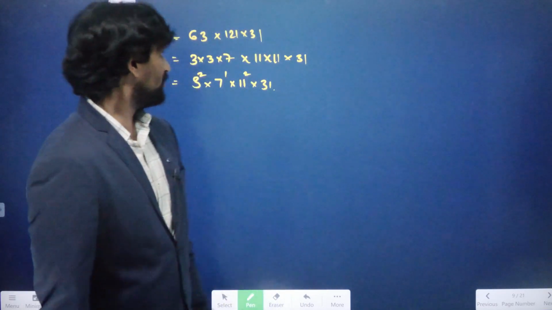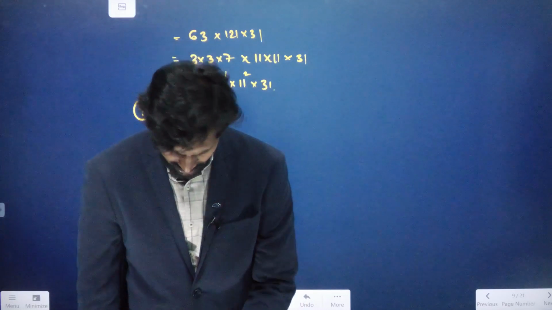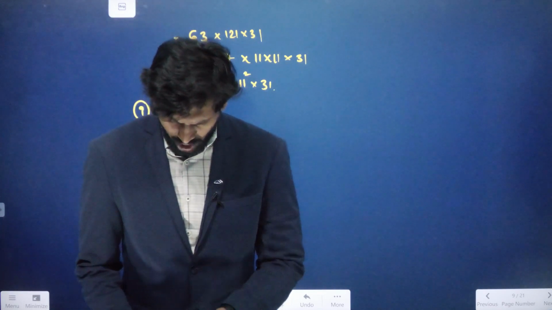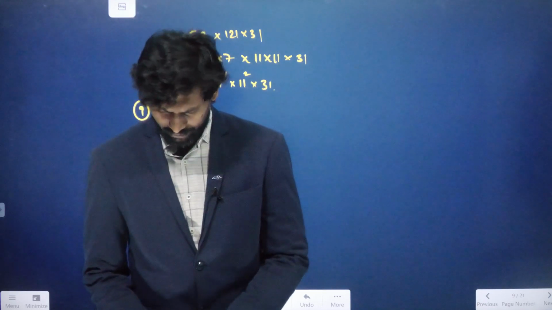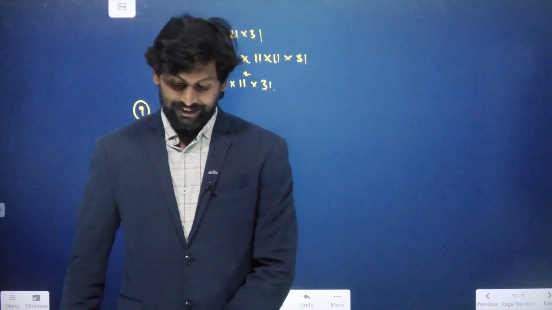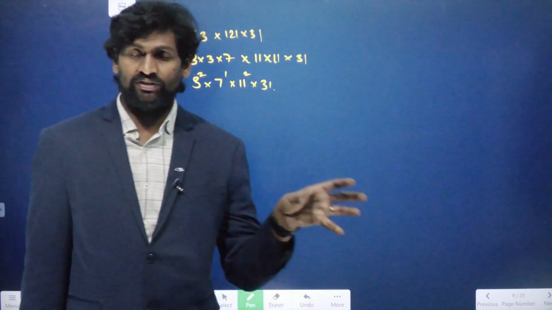Now let us move on to question number 9. The ninth question is given that the sum of factors of 9 factorial which are odd and are in the form of 3m plus 2, where m is a natural number. So we need to take 9 factorial and find the sum of its factors. 9 factorial is nothing but 9 into 8 into 7 into 6 and so on.